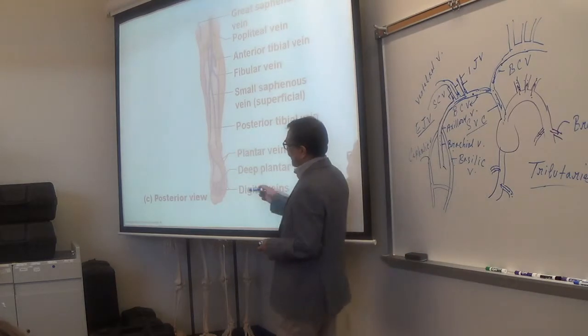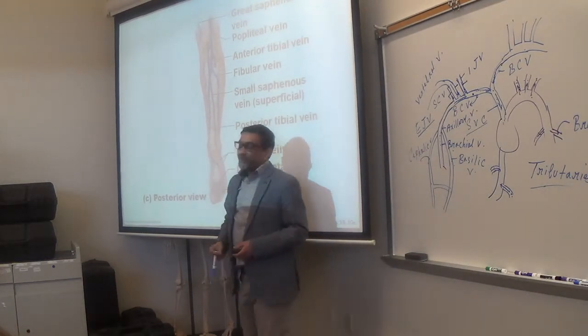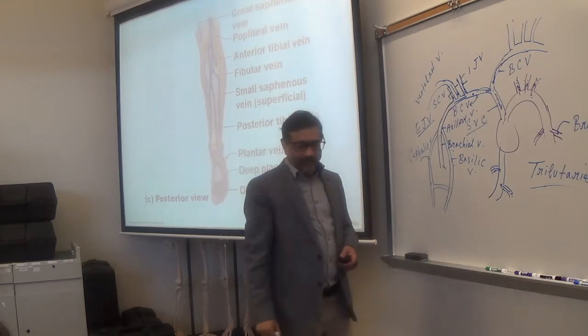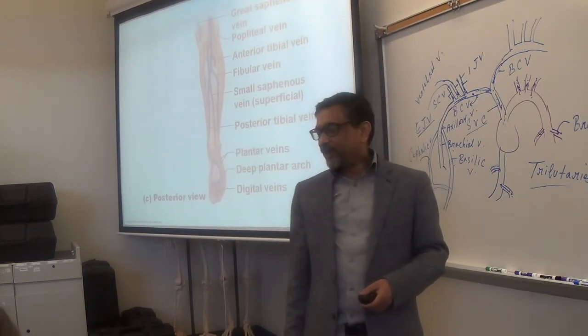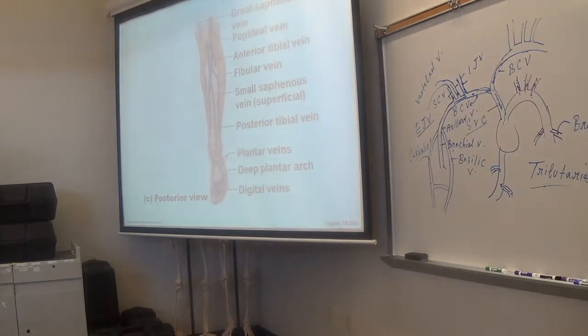You don't have saphenous. Okay. So those are the veins of your leg. But also, you know that great saphenous goes all the way to the foot, right? So great saphenous also passes through the leg. Make sense? So those are the veins of your leg.